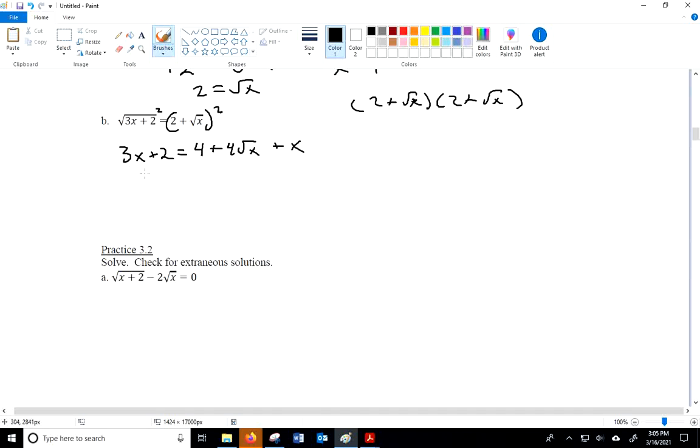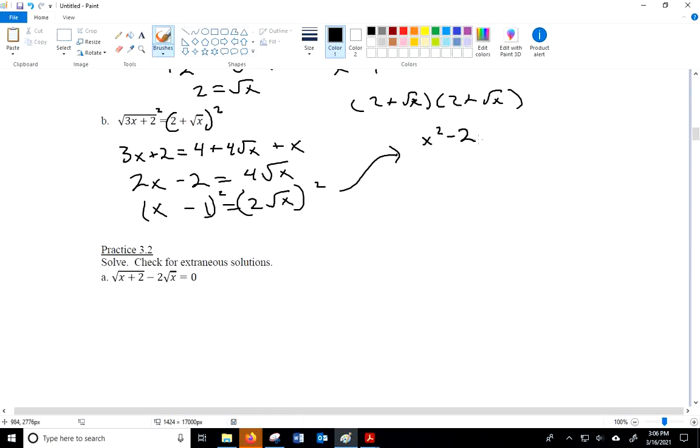All right, I'm going to isolate this radical as best I can. So it becomes 2x minus 2 equals 4 root x. And I can't divide by 4 without getting some nasty fractions, but I can divide every term by 2. So I will. And that'll make my numbers a little bit smaller. Now I'll square both sides. And that gives me x squared minus 2x plus 1 on the left, and just simply 4x on the right.